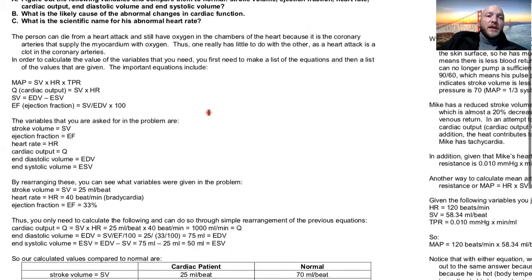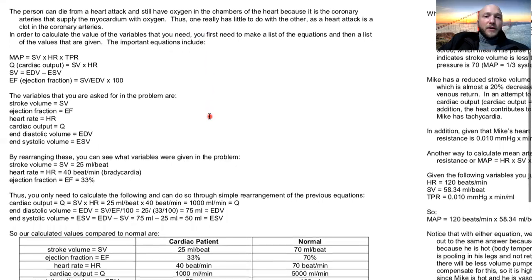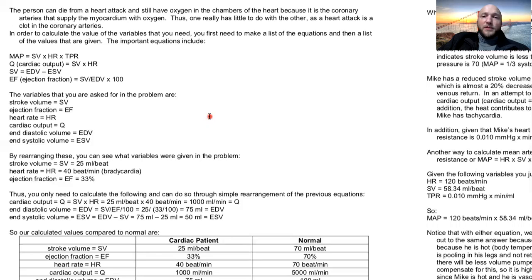So let's start with this first part. The person can die from a heart attack and still have oxygen in the chambers. Where does gas exchange happen? Where do things go in and out of our circulatory system? The capillaries. The ventricle is not a site of gas exchange. No oxygen is going in and out of our bloodstream in our ventricles.